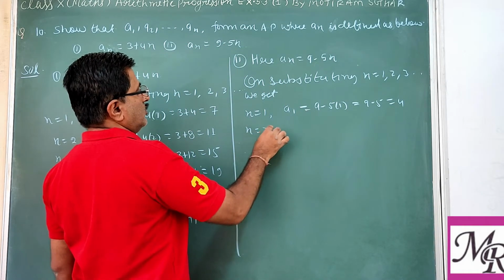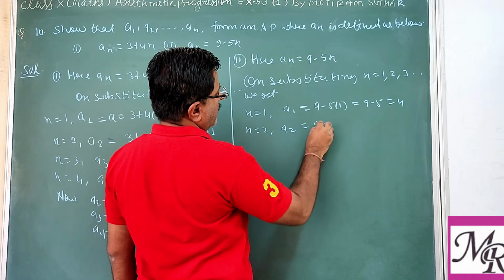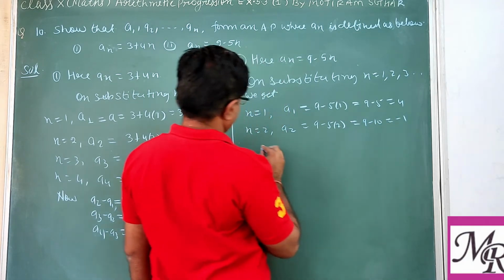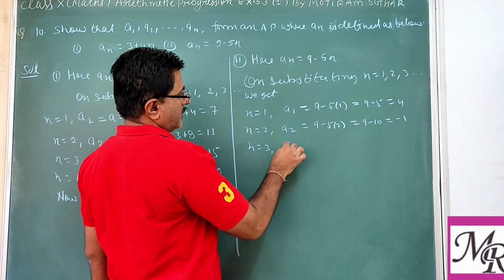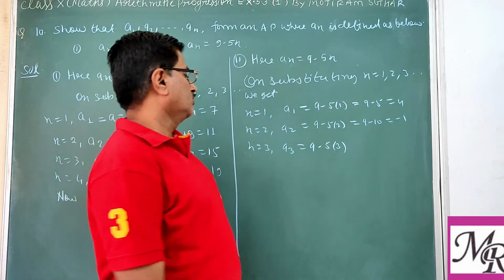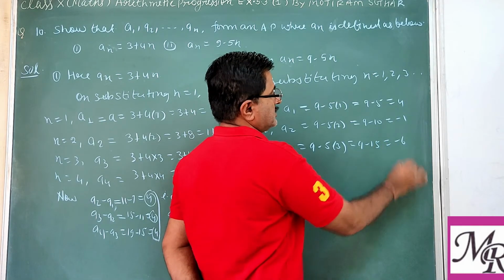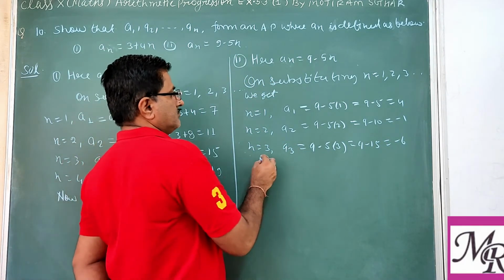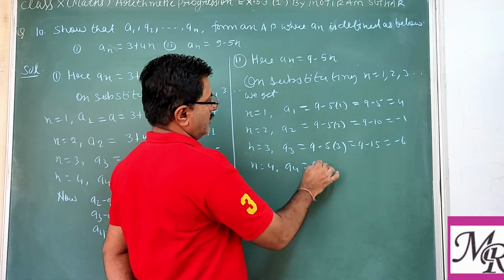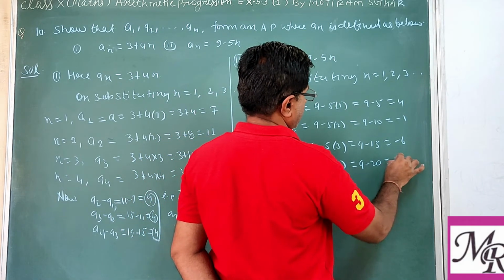N equal to 2, put on both sides, a2 is 9 minus 5 into 2. So 9 minus 10, that is minus 1. N equal to 3, a3 is 9 minus 5 into 3. So 9 minus 15, that is minus 6. N equal to 4, a4 is 9 minus 5 into 4, 9 minus 20, minus 11.